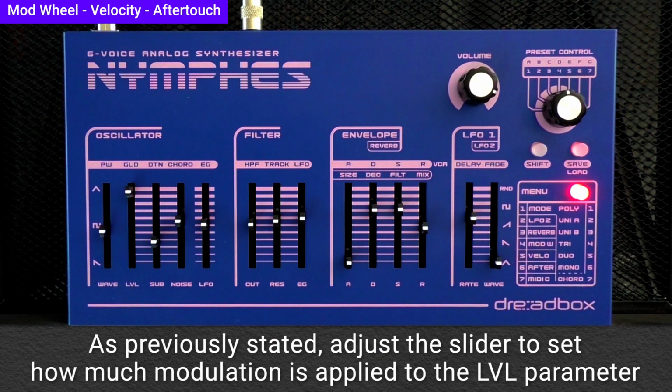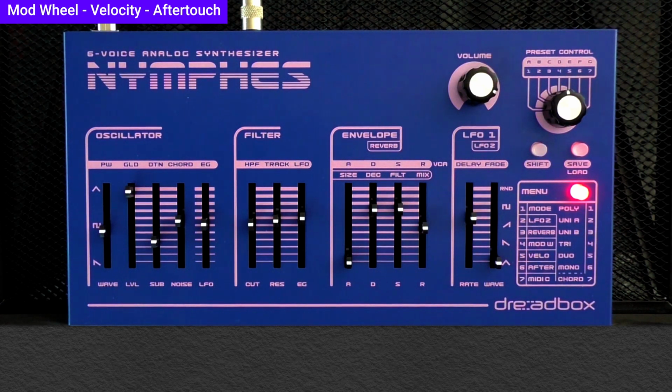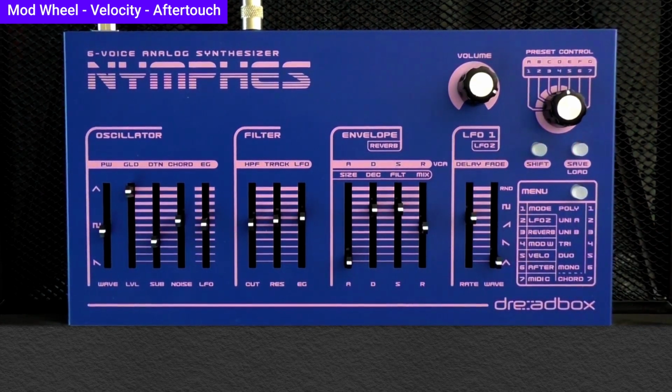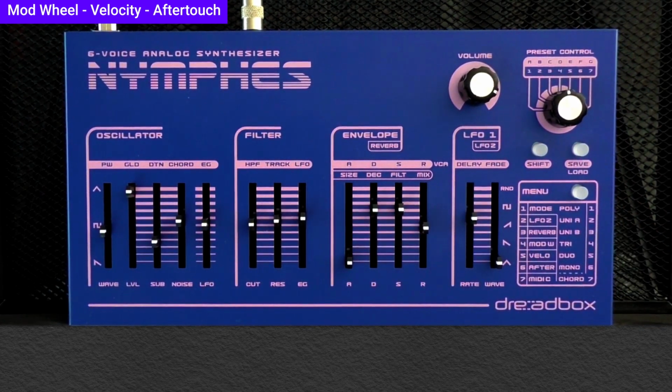If the slider is all the way up, the modulation amount will be 100%. If the slider is all the way down, the modulation is 0%, or basically turned off. Then I press the menu button to exit to normal operation.